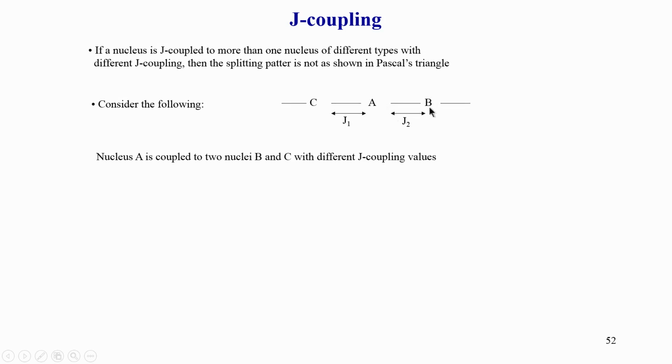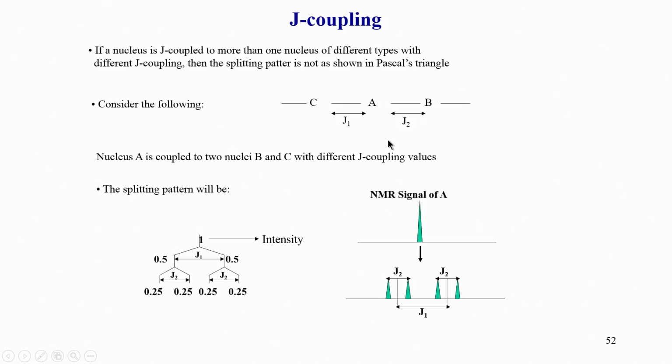Now, these two hydrogens B and C are in chemically different environments, so they will have different couplings to this hydrogen, written as J1 and J2. If J1 is equal to J2, then it is the chemically equivalent case and it will become a triplet. But if they are not the same, how does the spectrum look?